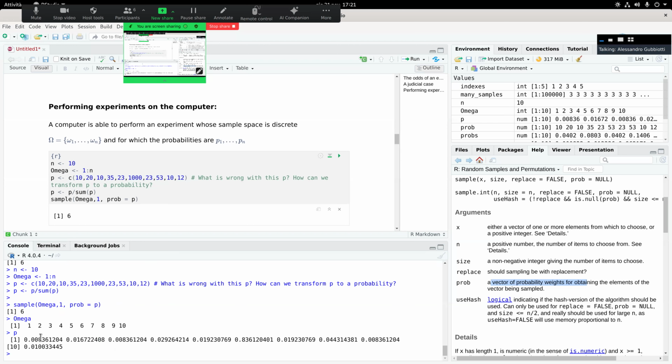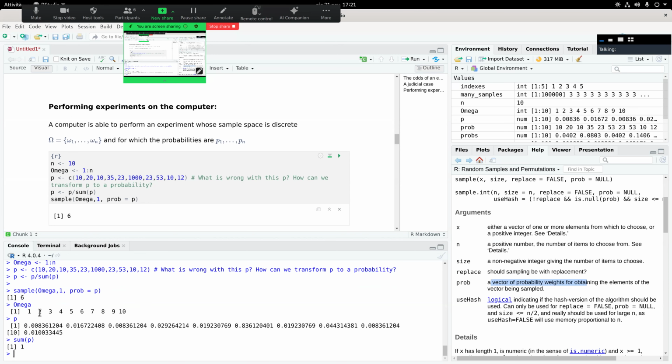Let's check that the sum of p is 1, because I've divided it by its total sum. So the sum of these entries is 1. It is a perfectly legit probability.